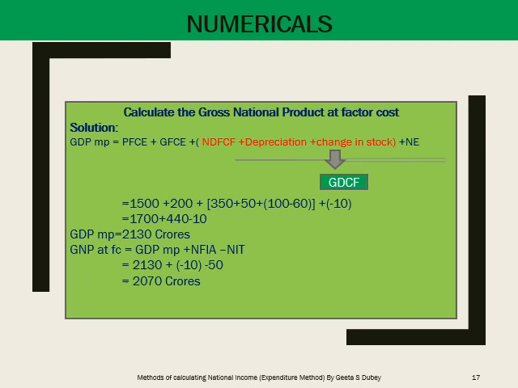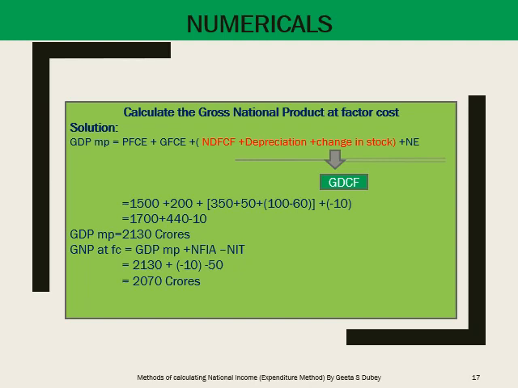Children, after reading the question, the process of thought should begin from the basic 4 components of expenditure method. And the aggregate that you derive is gross domestic product at market price. When we add the 4 basic components, that is private final consumption expenditure, government final consumption expenditure, gross domestic capital formation and net export.